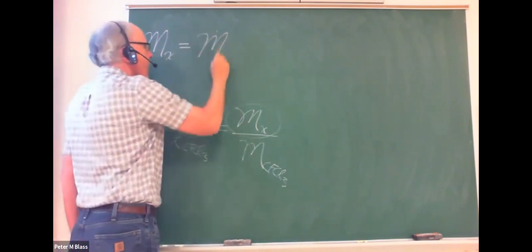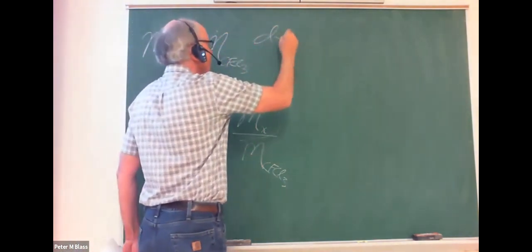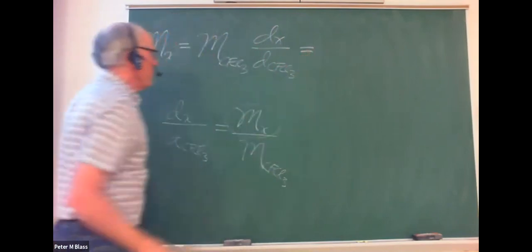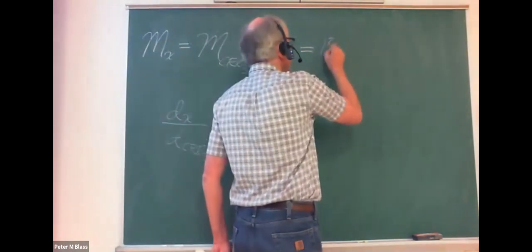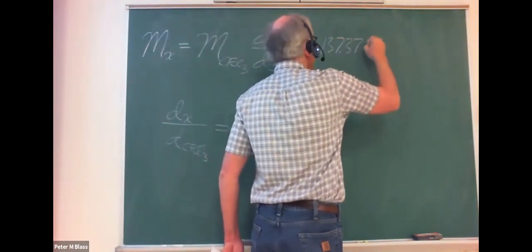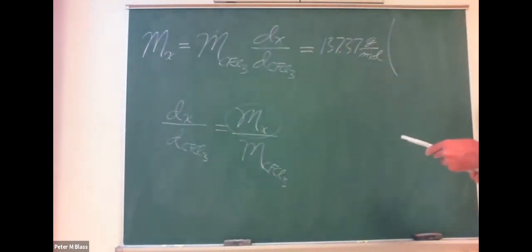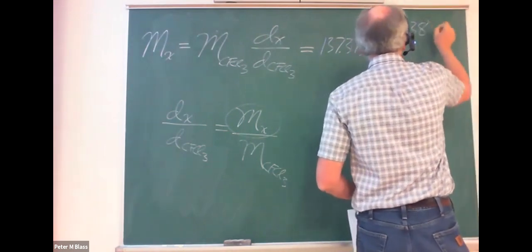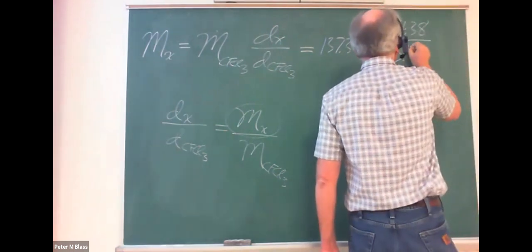So the molar mass of X equals the molar mass of the Freon, CFCl3, times this ratio, dX over d of CFCl3. That's 137.37 grams per mole, times the ratio of the densities: 4.38 grams per liter over 5.58 grams per liter.